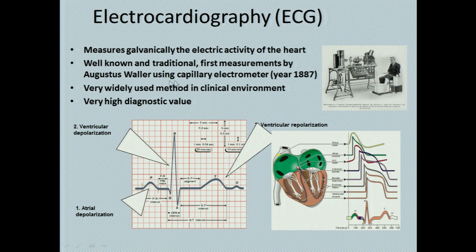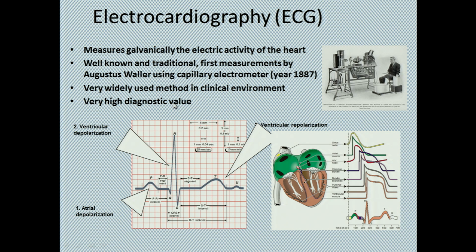It was first measured by August Waller in 1887, but it was developed more fully in 1895 by Willem Einthoven, and he got the Nobel Prize. It is very widely used in clinical environments to diagnose your heart condition.